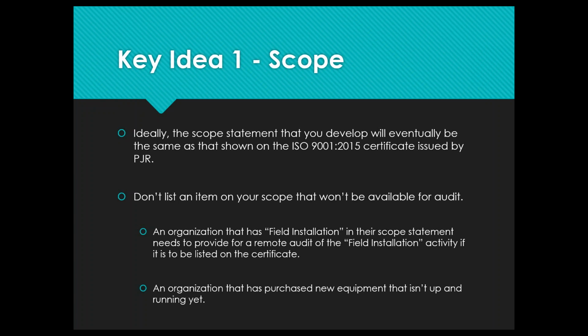A good example of this, if you have as part of your business field installation, now let's say that you're designing and manufacturing a machine of some sort and you're installing it in the field. Well, the only way that we can list field installation on your certificate is if we do a remote audit where you are performing the field installation activity. We can't certify you for something that we can't see.